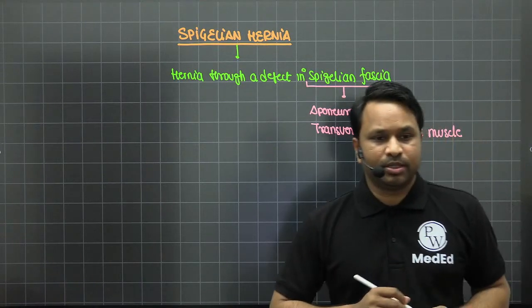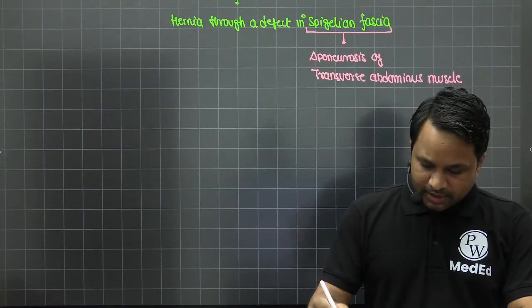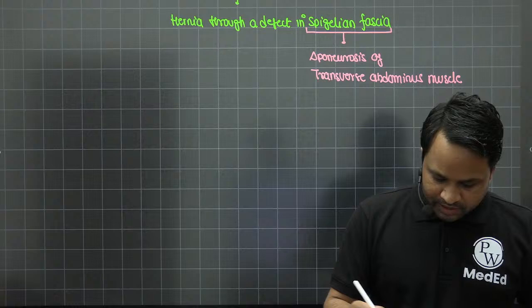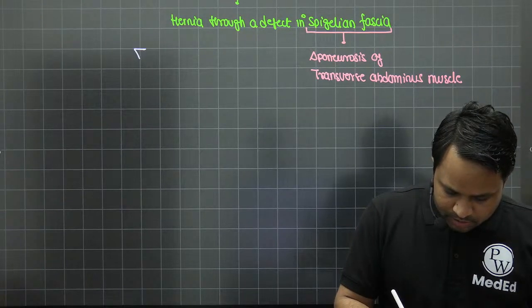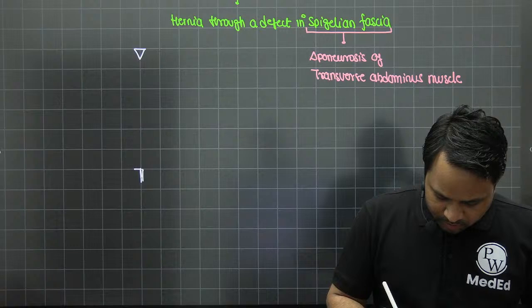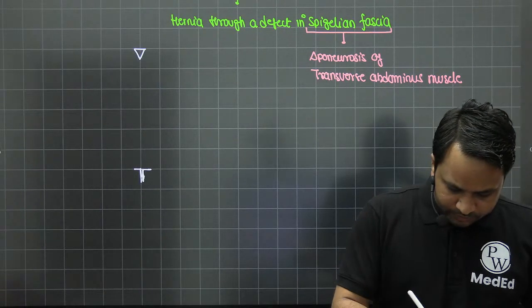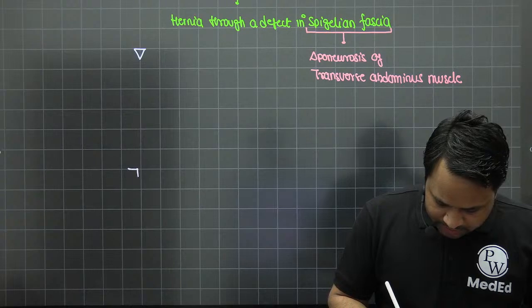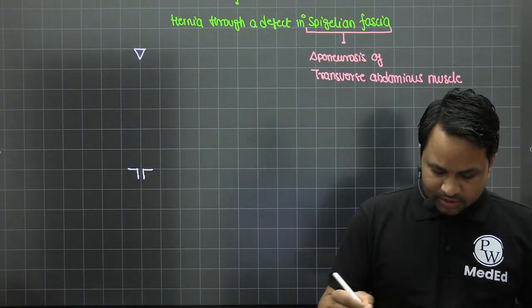Now, what do you mean by this? To understand the whole concept, we have to revisit our abdominal wall. This is your xiphisternum, and let's say this happens to be your pubic symphysis.